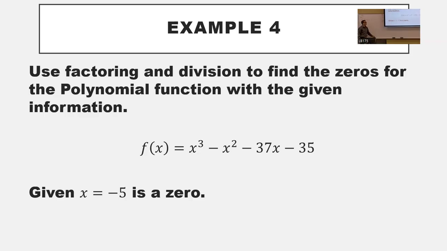And we know one of the zeros is x equals -5. Maybe you saw that on the graph. Maybe we came up with it by plugging in some different numbers. But we know x is -5 is a 0. I want you to find all zeros for that function. Try this on your own.